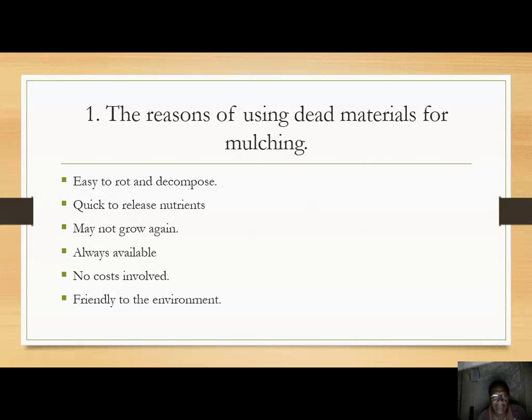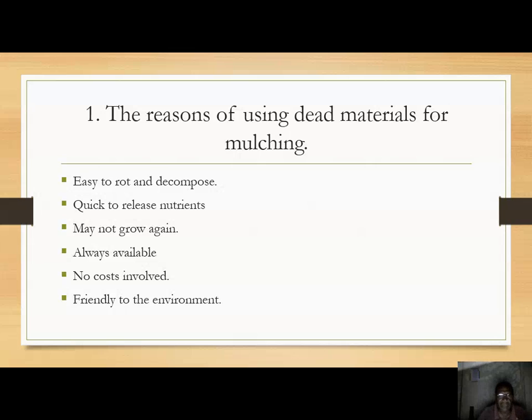We are using dead materials, so the chances of those materials growing again will not happen. We do not allow those materials to grow again, because otherwise they will become weeds. Dead materials are always available.